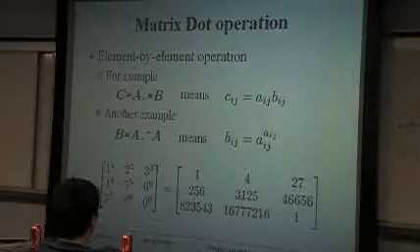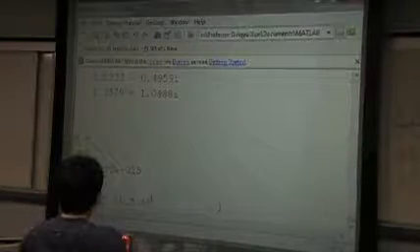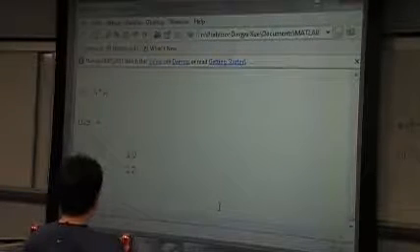I shall give you an example. So what is A times A? That's A squared. It is something like this. It follows the mathematical formula. So what is A dot times A?